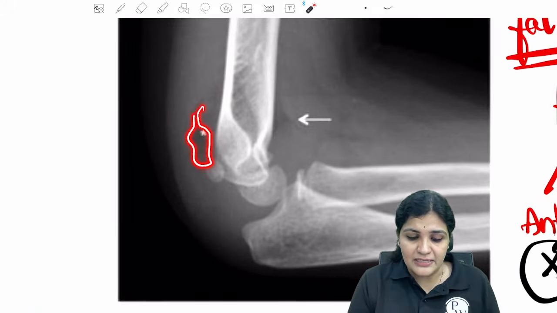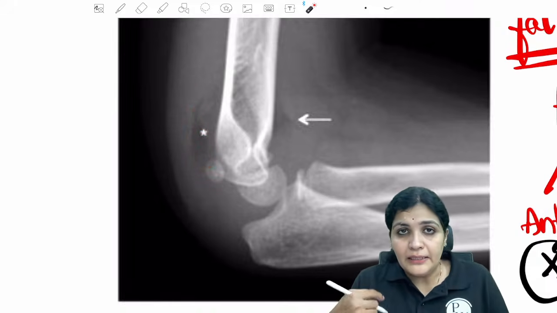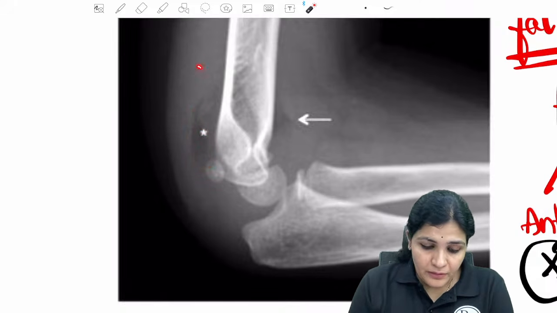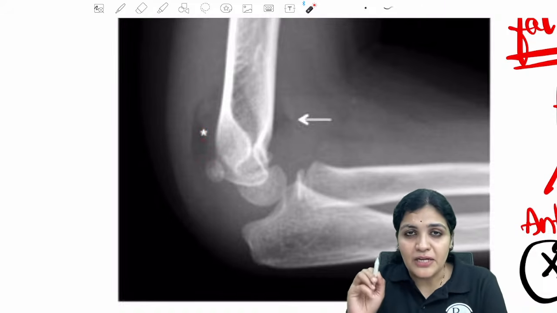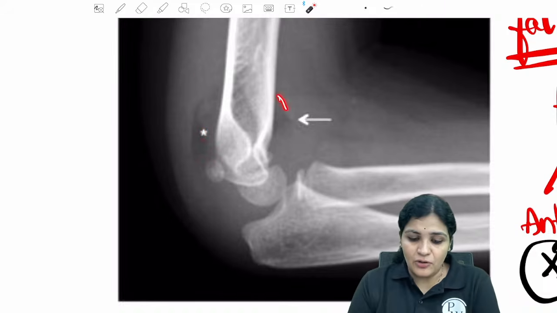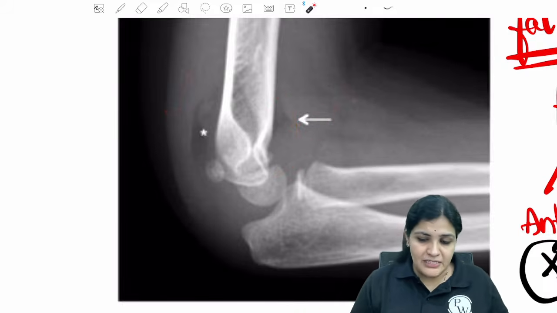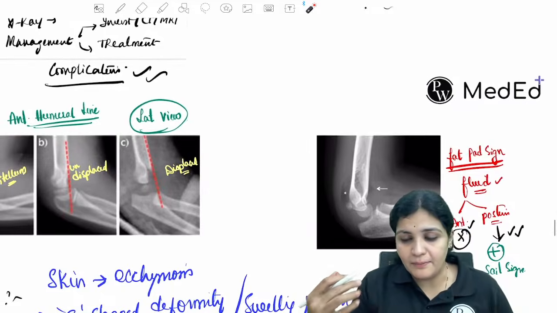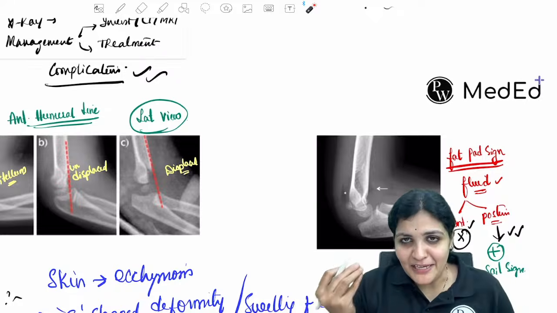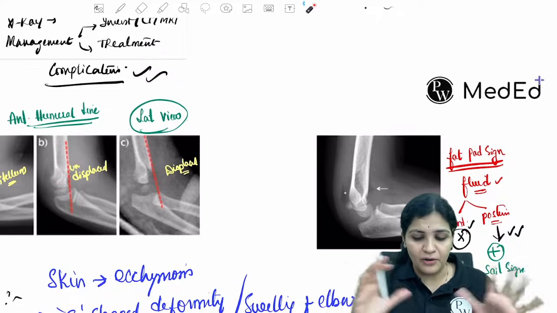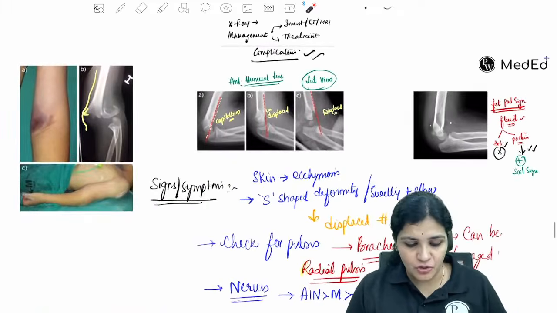You can see that it's a little darker compared to this part and this part. So you can observe that lucency there. That is the fat pad sign. Anteriorly also it is present, but this is not of much significance. But if the posterior fat pad sign is present, that means it is an undisplaced fracture. So these two are very important in supracondylar fracture humerus X-rays.